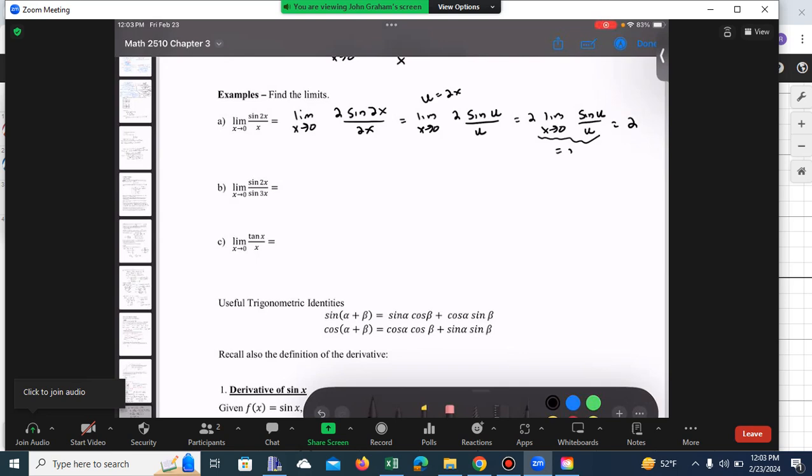Okay? We can do something very similar to the next one. The limit as x goes to 0 of sine of 2x over sine of 3x. I'm going to do this in 2 steps. I'm going to divide top and bottom by x.